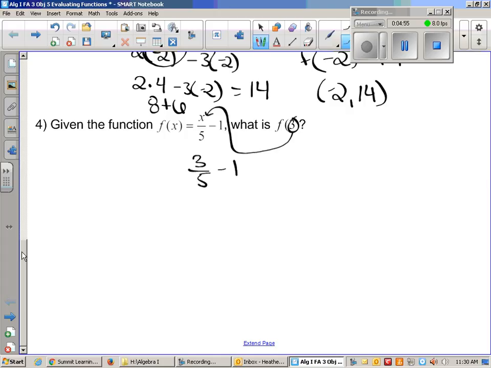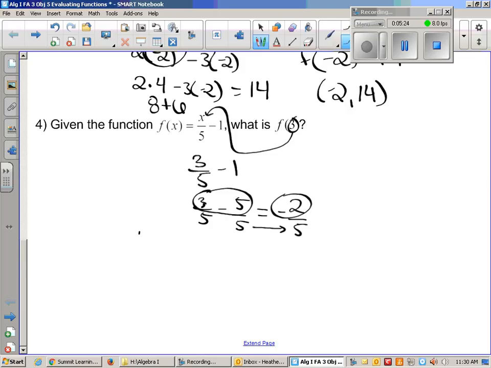So 3/5 minus 1. So that I can subtract this here, I'm going to turn 1 into 5/5 so that I have the same denominator and I can actually subtract these fractions. 3/5 minus 5/5 is negative 2/5 because 3 minus 5 is negative 2, and you keep the denominator the same.